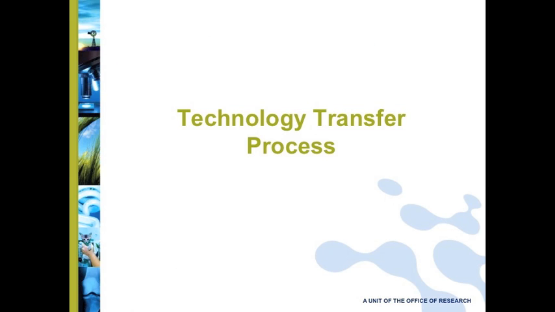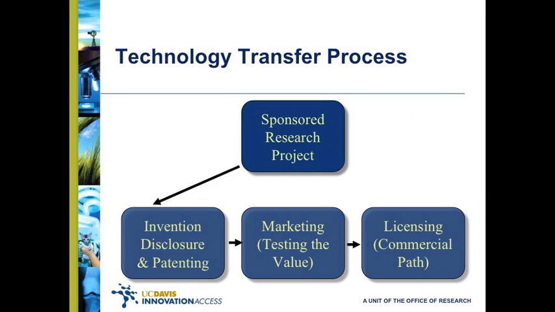Technology transfer process. The technology transfer process outlined here typically involves new discoveries arising from a sponsored research project, which includes government grants or grants paid for by private industry. The research typically results in new inventions.